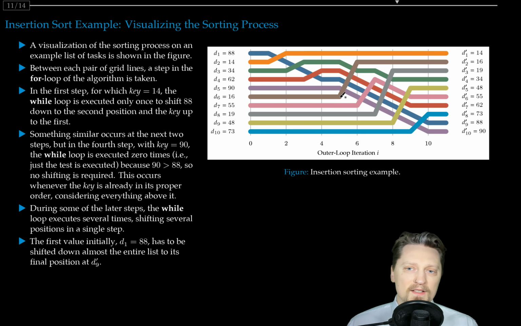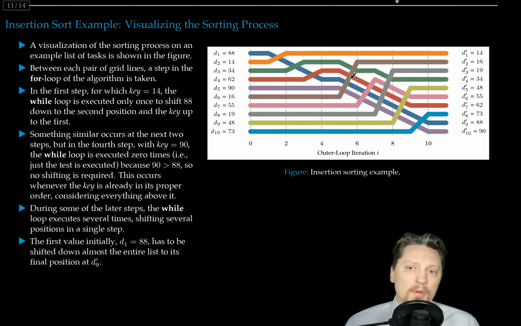When the key is 16, it is going to be less than 90. We're going to move up the list. See that it's less than 88. It's less than 62. It's less than 34. But it's greater than 14. So this is where it settles down to after the 5th iteration.